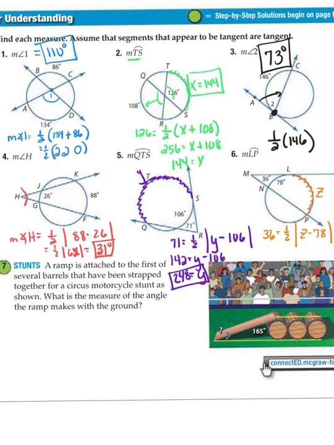We're going to multiply both sides by 2, and we'll get 36 times 2 is 72 equals Z minus 78. When I add 78 to each side, I'm going to find that Z is 150 degrees. Sorry about squishing that in there. I hope you got those right.